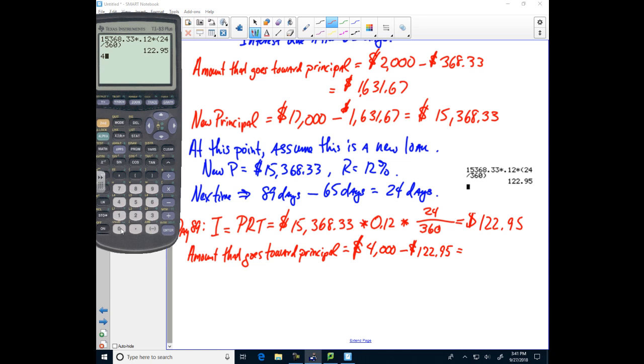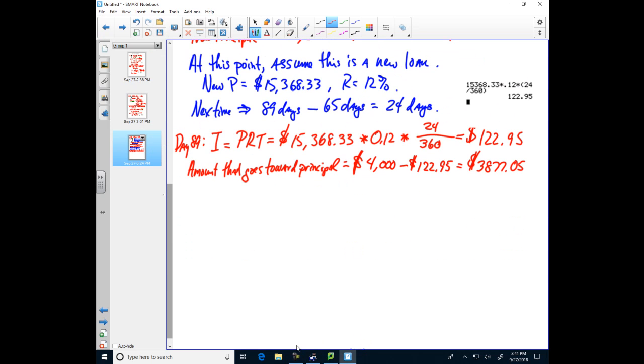Calculator. 4,000 minus 122.95. $3,877.05. Okay, now that's the amount that's going to be available to be put toward the principal.